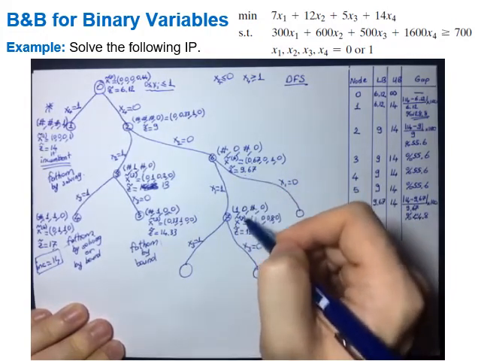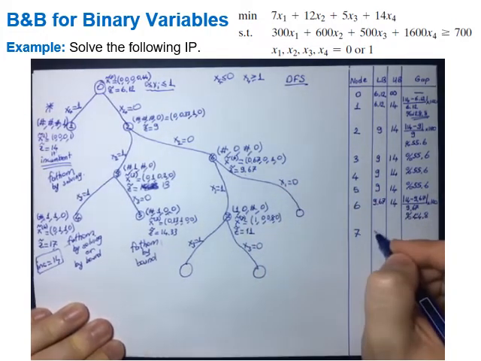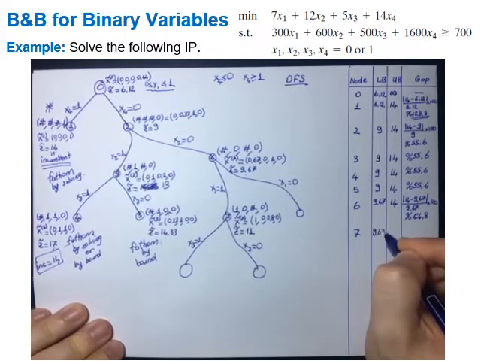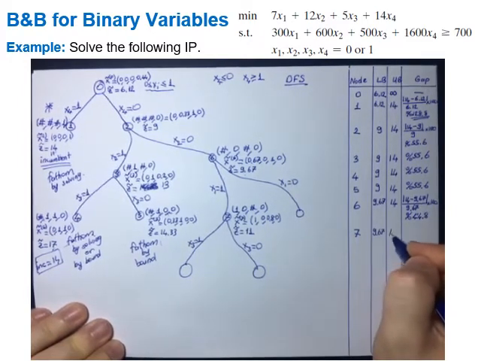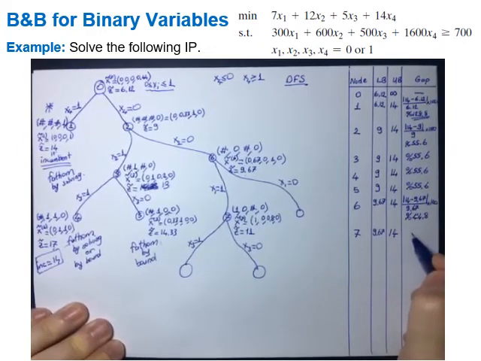So the best of these two for a minimization problem is 9.67. What about the upper bound? It is the incumbent solution for a minimization problem, and it's still 14. It means that the gap value is the same.